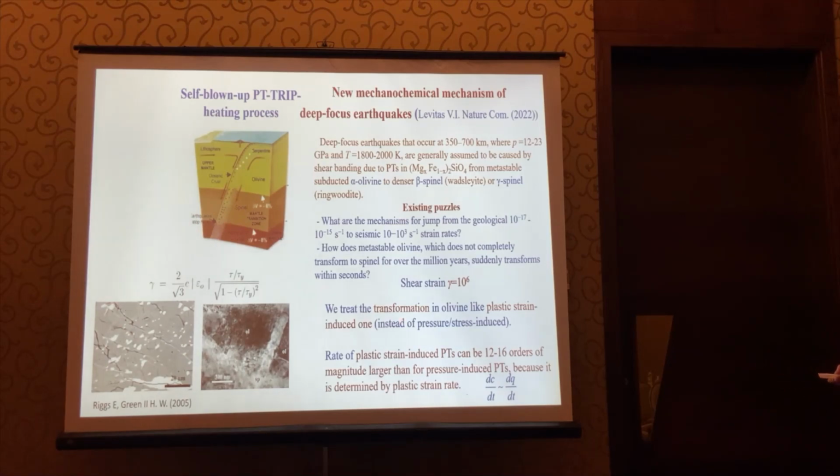And then we discussed that kinetics is completely different for plastic strain-induced. Transformation rate is proportional to strain rate. And if we reach high strain rate, then we can indeed increase transformation rate by 16 orders of magnitude.